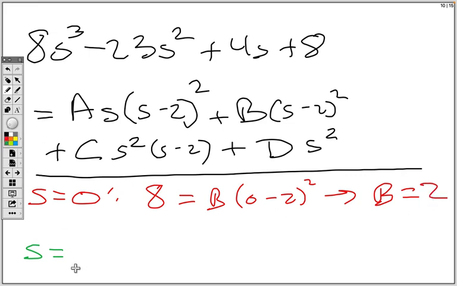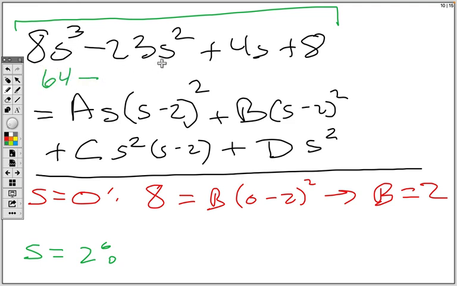And s equals 2. You plug that in. The a, b, c terms all cancel out. I plug 2 into the left-hand side. We've got a little work to do here. What would I have if I plugged in s equals 2? You'd have 64 minus 92 plus 8 plus 8.